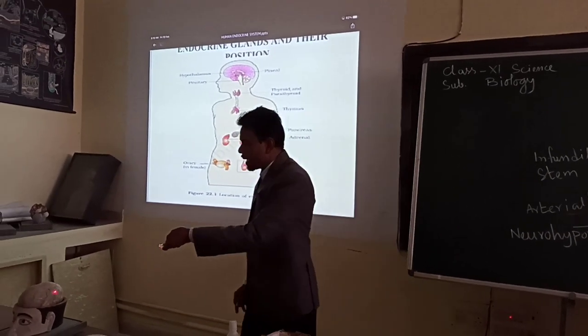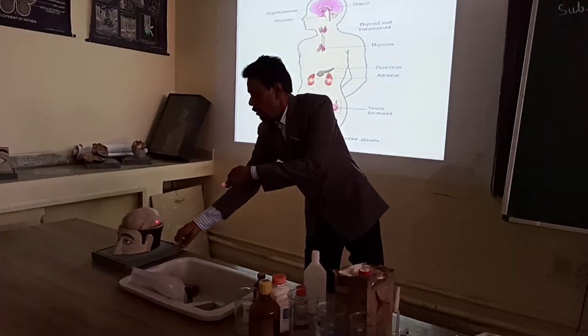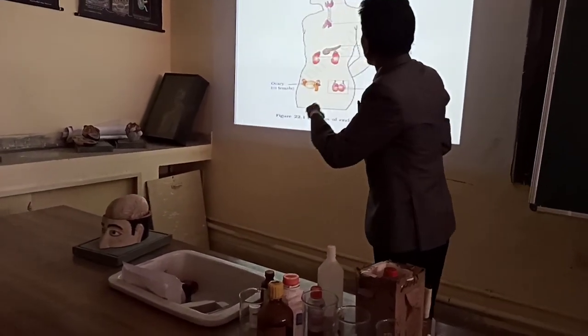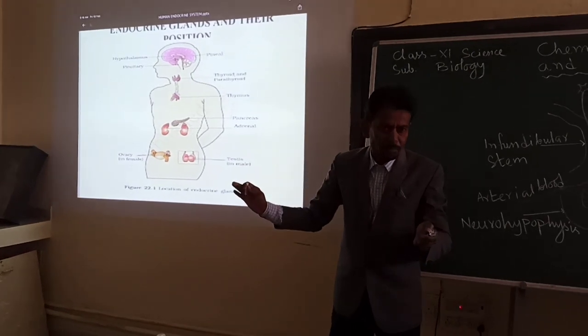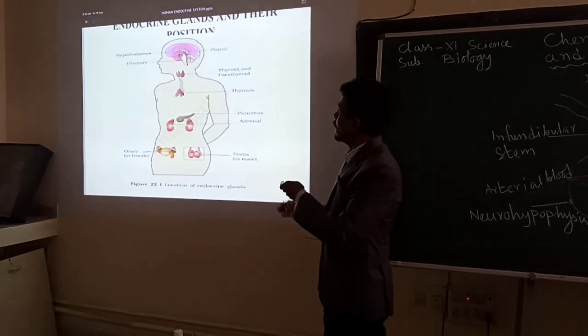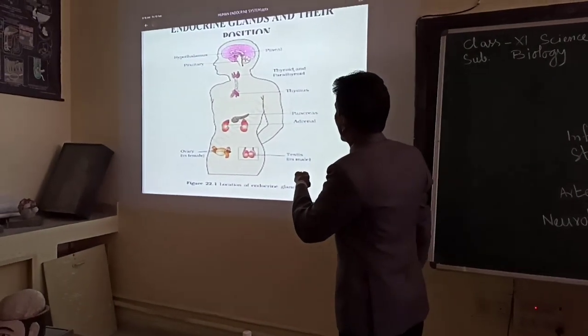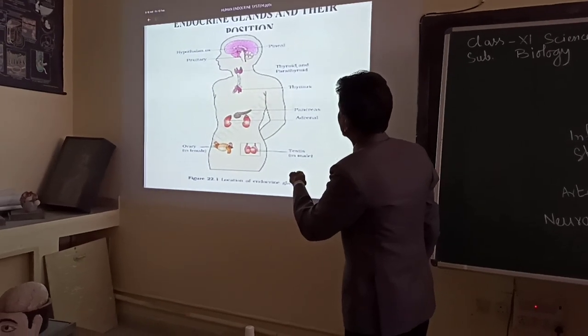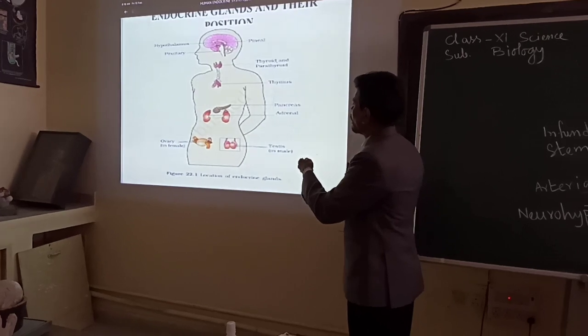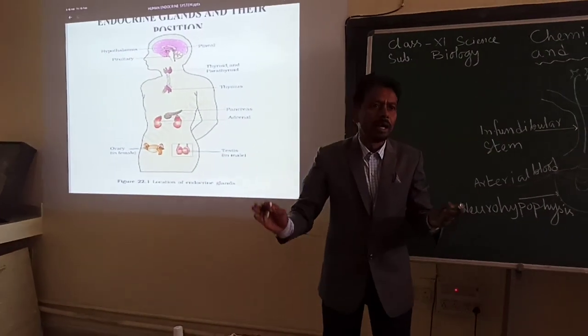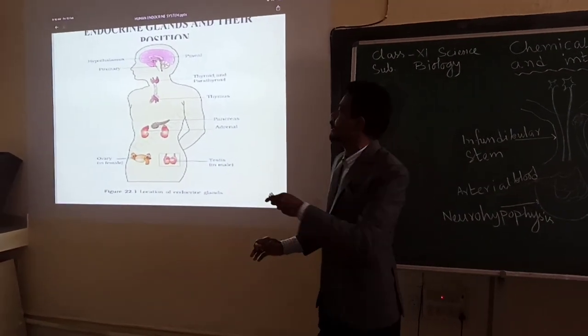Here I have given the model of this brain, where the diencephalon is a part of the forebrain. At the diencephalon you have the hypothalamus. This I am showing you is the hypothalamus.